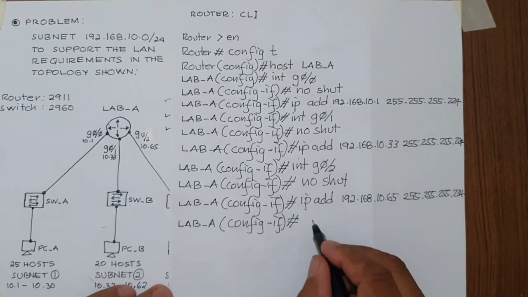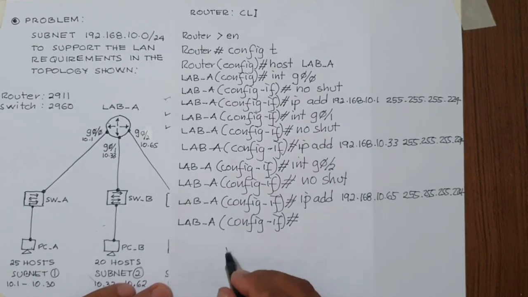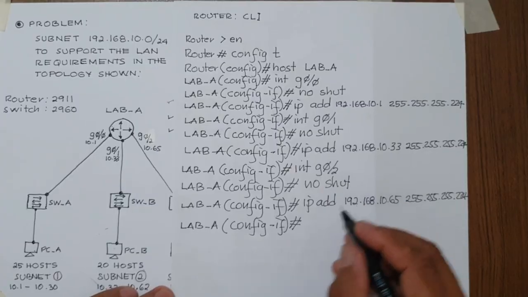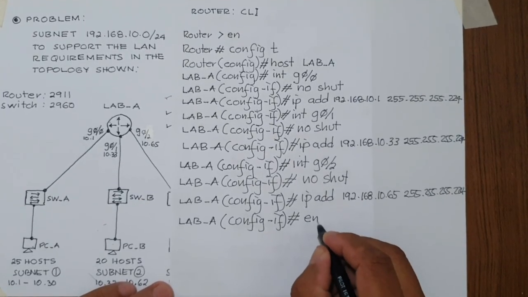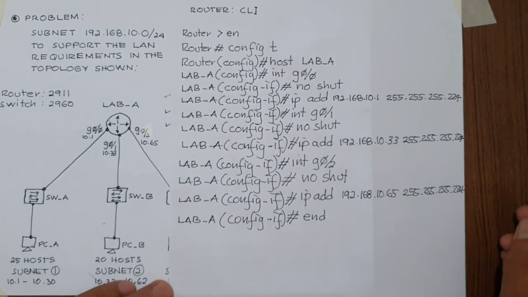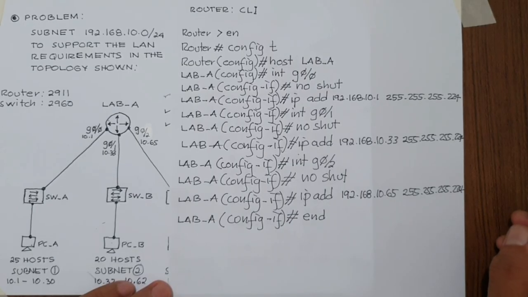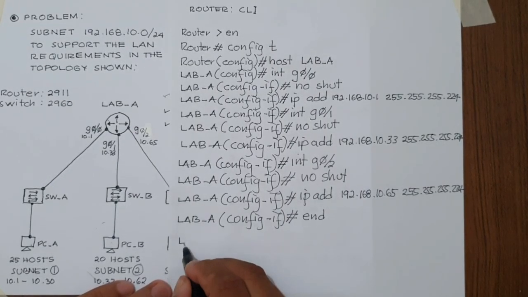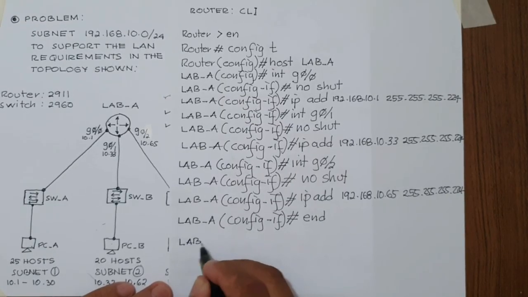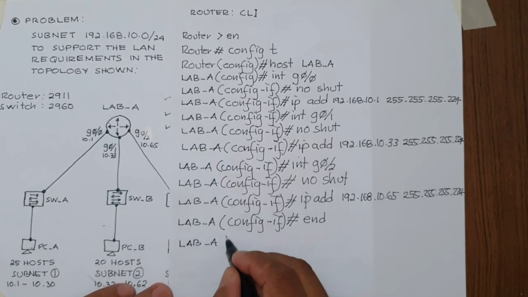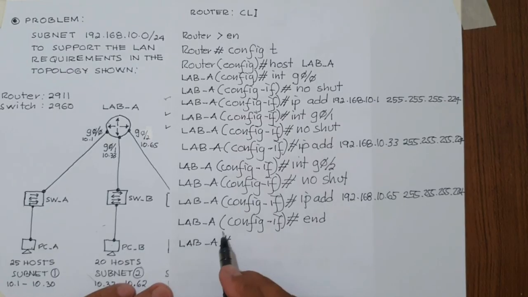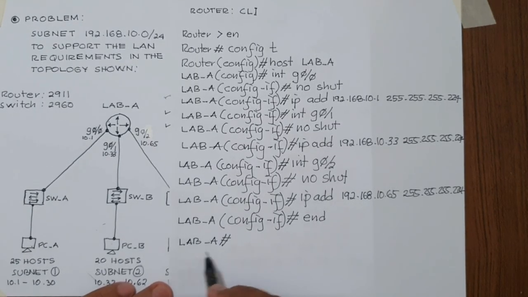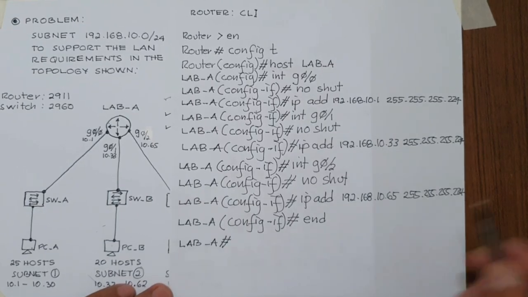We can type ex for exit, then another ex until you arrive at this prompt, or we can simply type end, or we can press the keyboard Control Z. As we type this, that will bring us back to the privilege mode, with only the name of the router and the #.